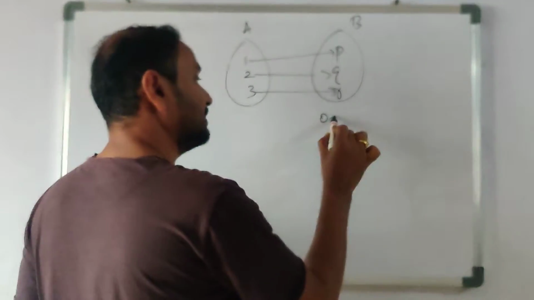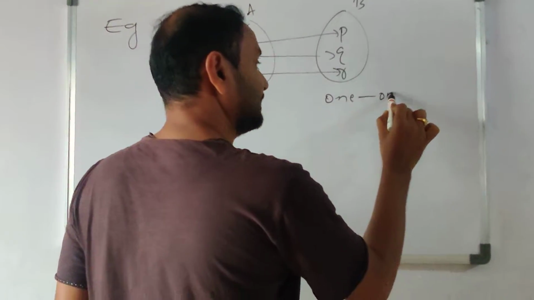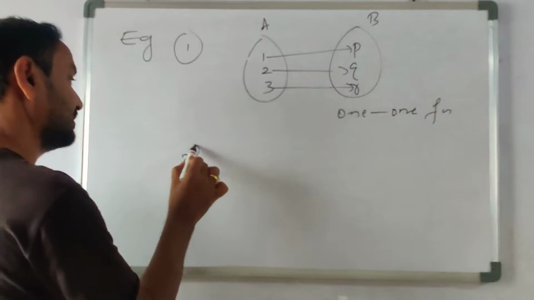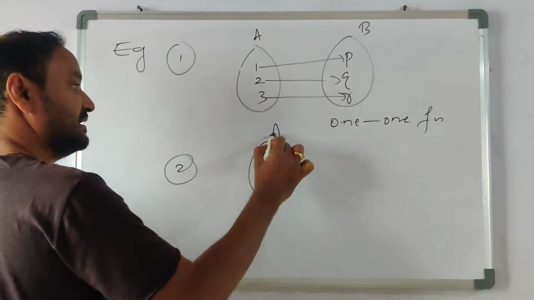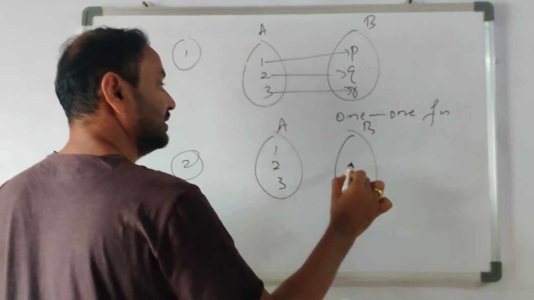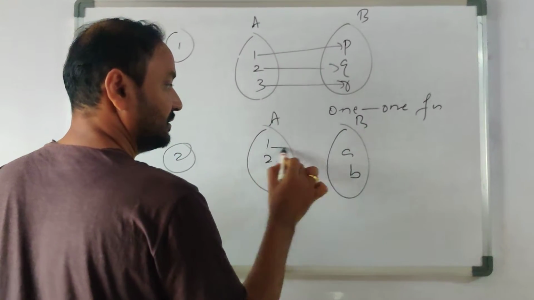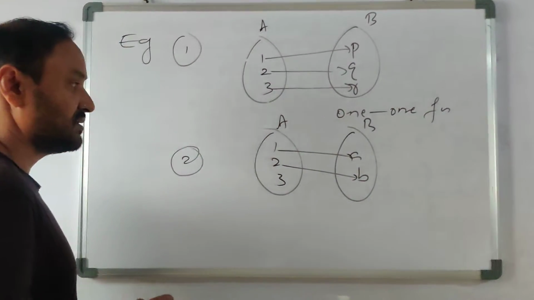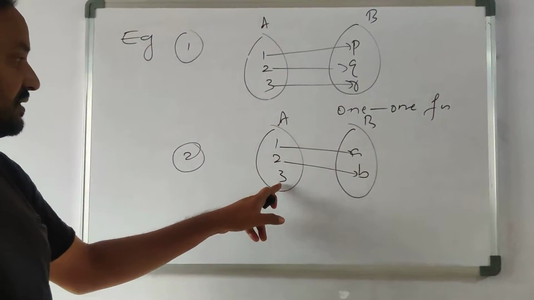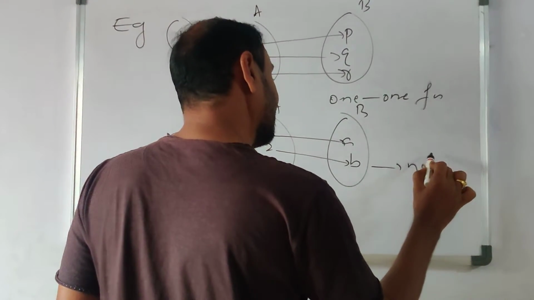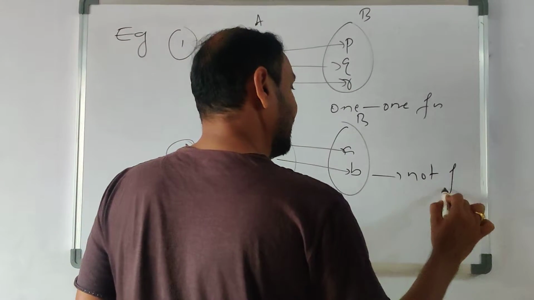Clearly, this is a one-one function. Example 2. Suppose A = {1, 2, 3}, B = {a, b}. 1 to a, 2 to b. So it is not a function, because 3 has no image. Not a function.